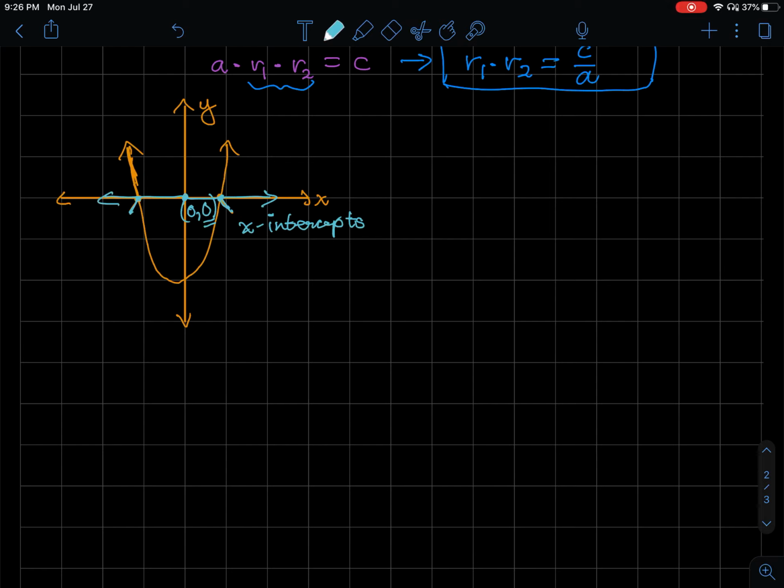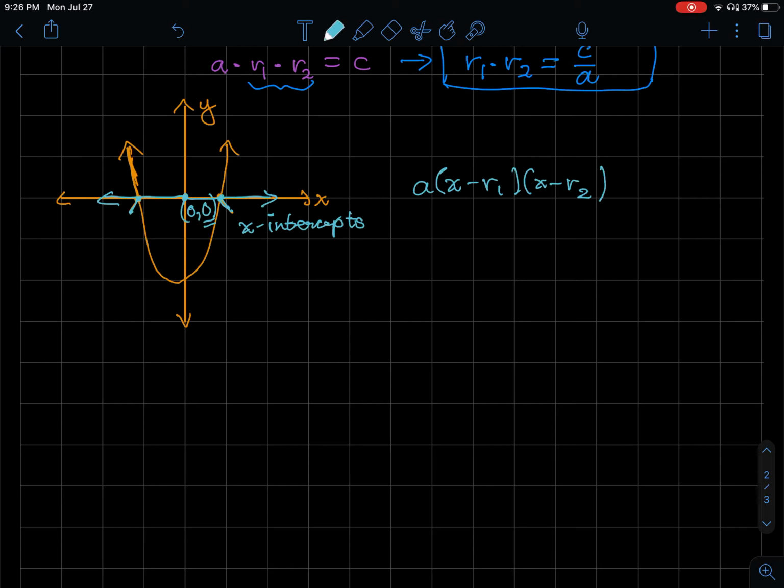So if you use a factored form of a quadratic equation, a times (x minus r1) times (x minus r2), and you want to find r1 and r2, then we don't know the x-coordinates yet, because that's what we're trying to find.